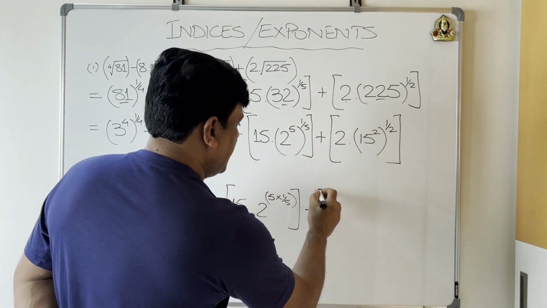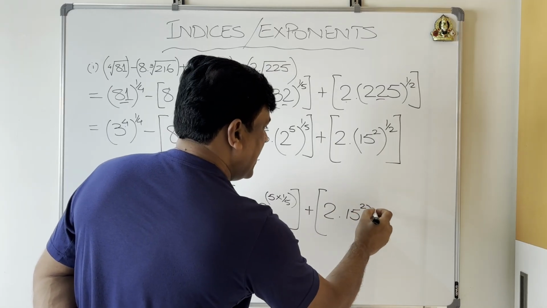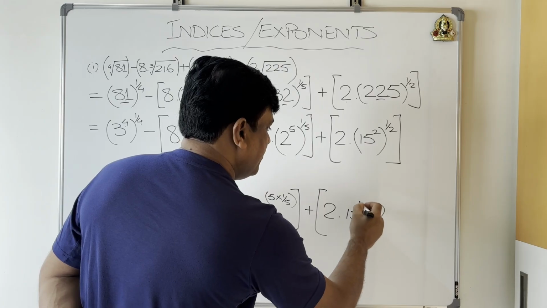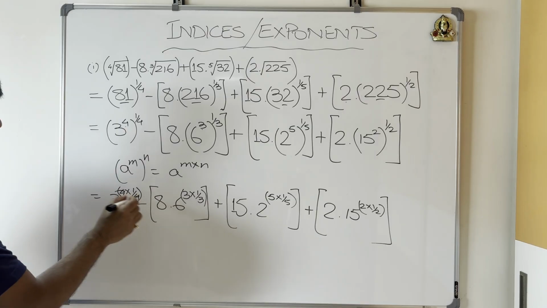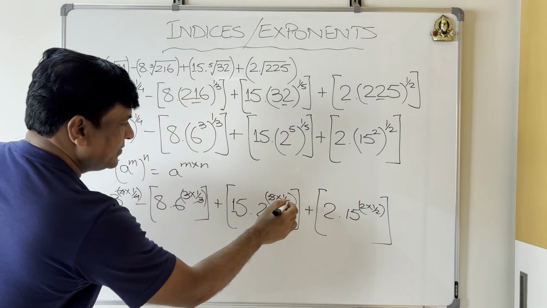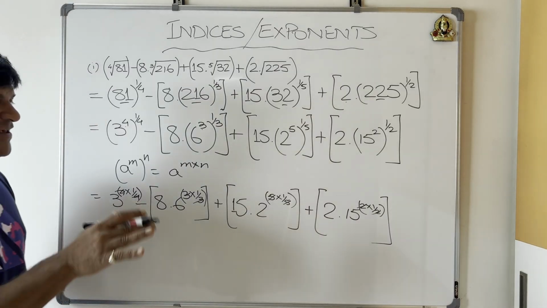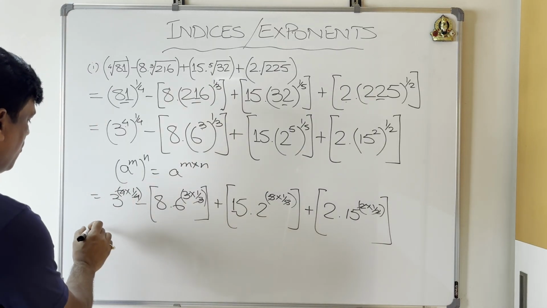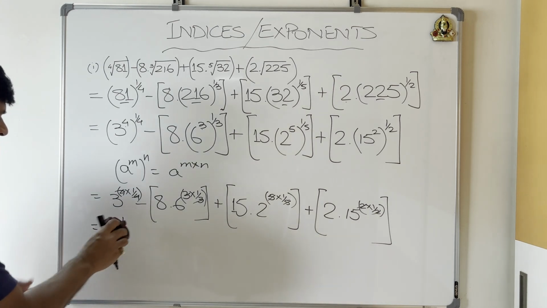Next one, again 2 to the power 15, you have a 2 inside and half outside, so put them together. Now look at it, what happens? Everything cancels out. Good? Easy? Okay, so now what are you left with? This is 3 to the power 1, which is nothing but 3.